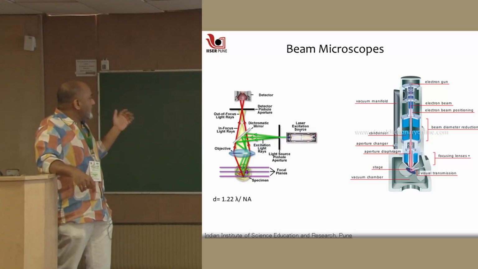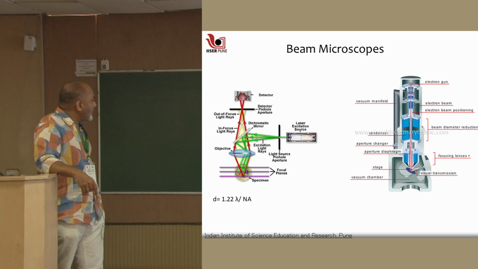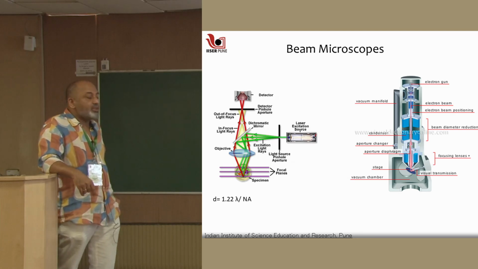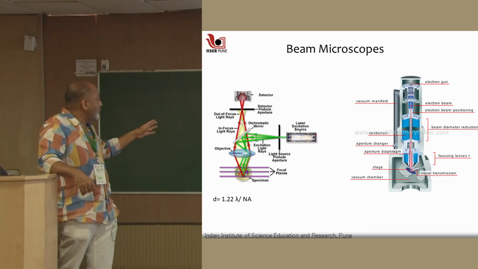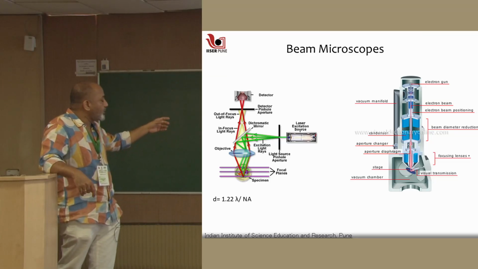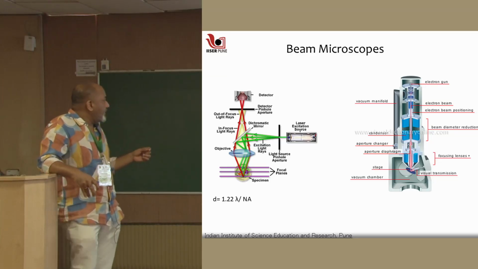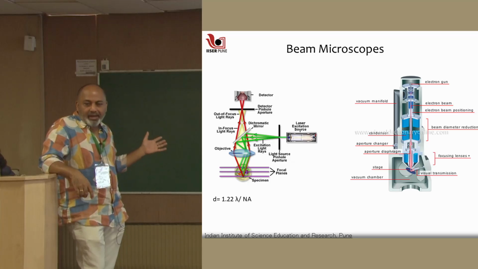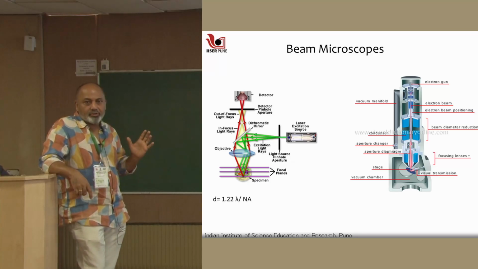So what is the limitation or resolution of these beam microscopes using optical microscopes? I am taking the example here of a confocal microscope, and now there is STED and many other tools which have progressed to the level of single molecule resolution.